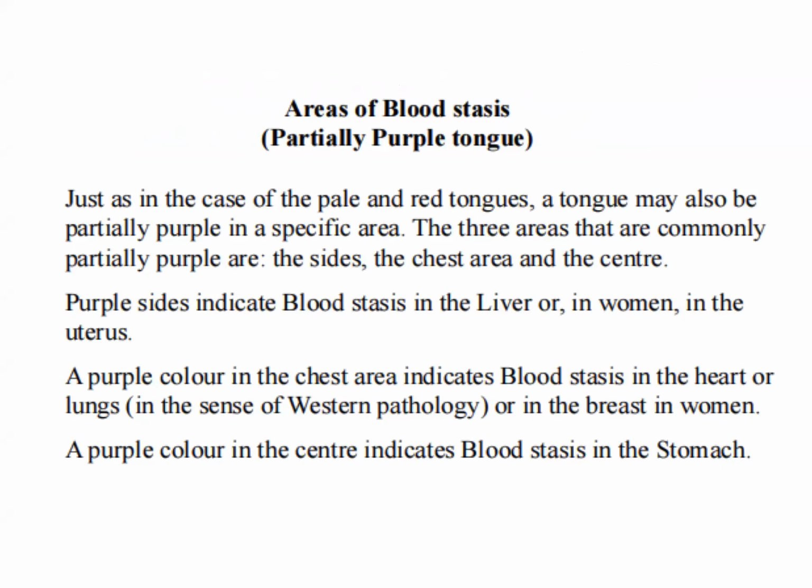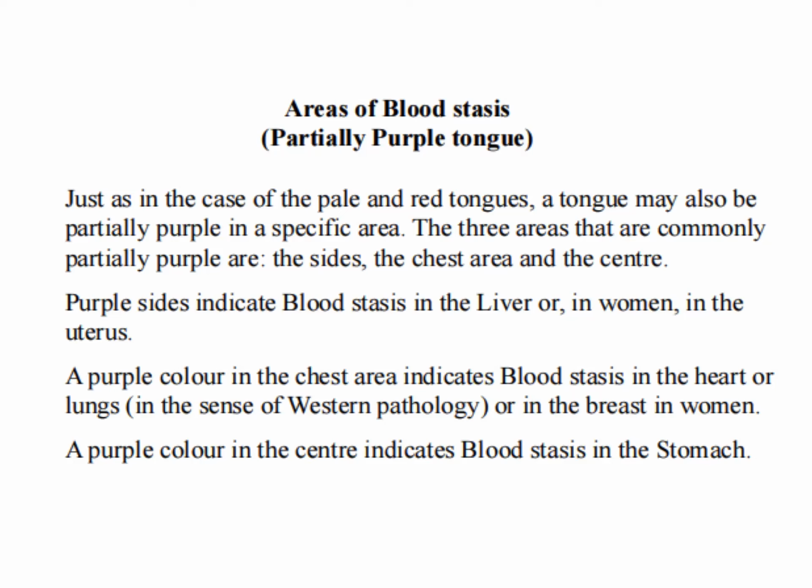Areas of blood stasis. So we have partially purple tongue. Just as in the case of the pale and red tongues, a tongue may also be partially purple in a specific area. The three areas that are commonly partially purple are the sides, chest area, and the center. Purple sides indicate blood stasis in the liver or in women in the uterus.